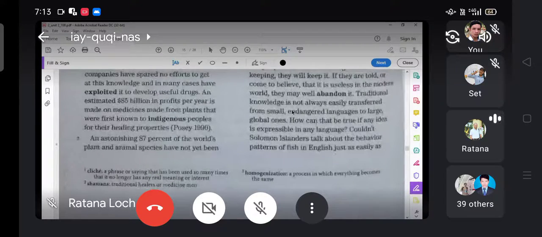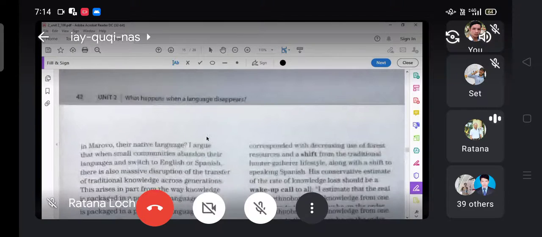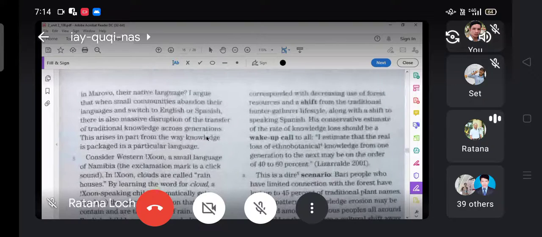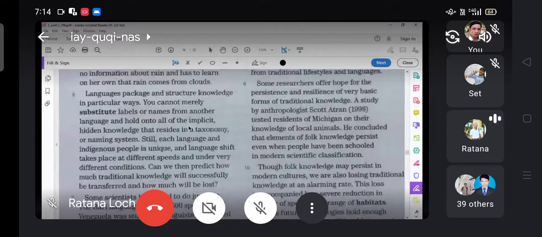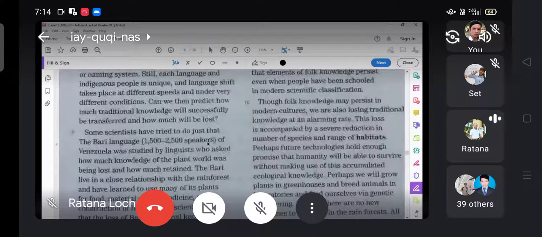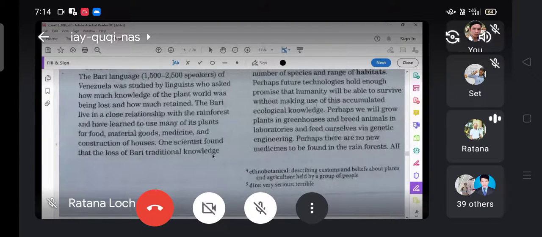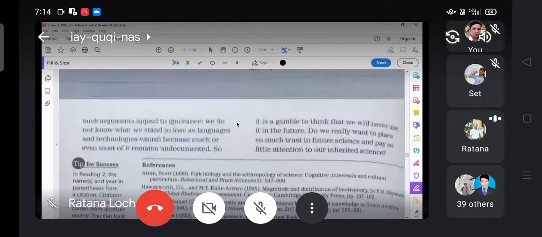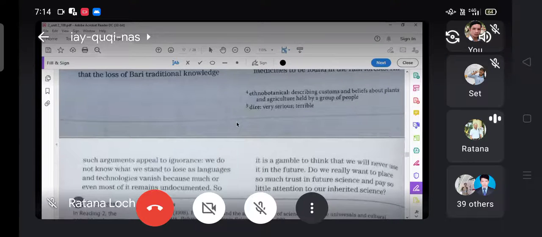And here, I think all of you have read. If there is any sentence that you don't understand, you can ask me about the new words or the sentence, because sometimes we have to focus not only on a particular word, but we have to look at the context of the sentence and the topic. So, easy to translate. A good translator doesn't mean you have to translate word by word.